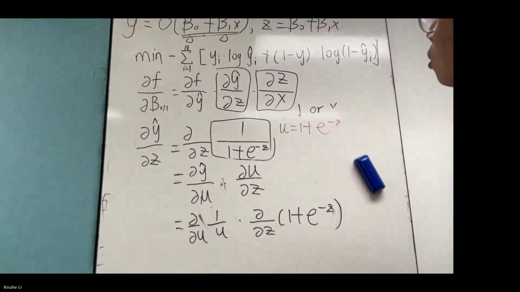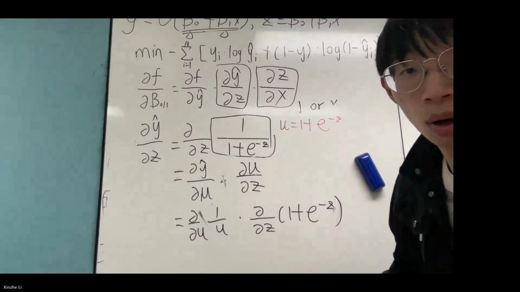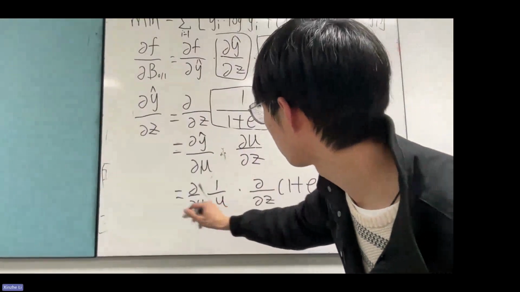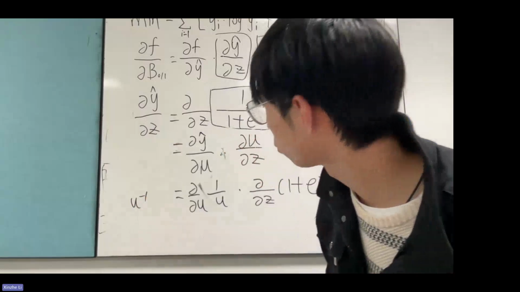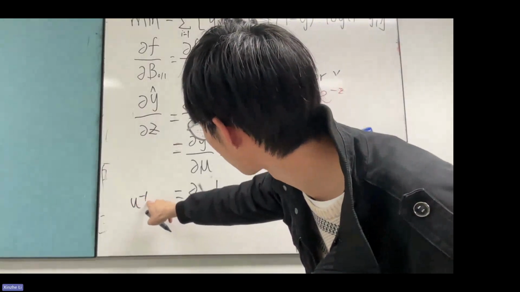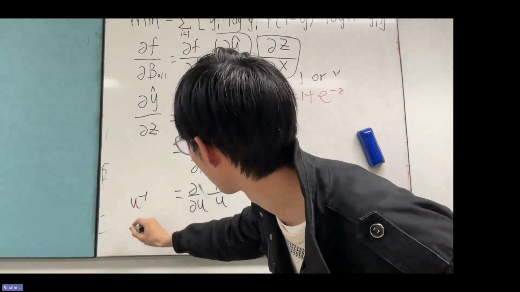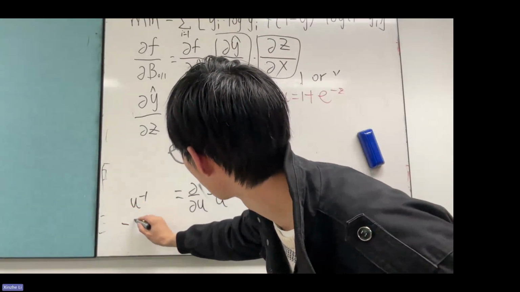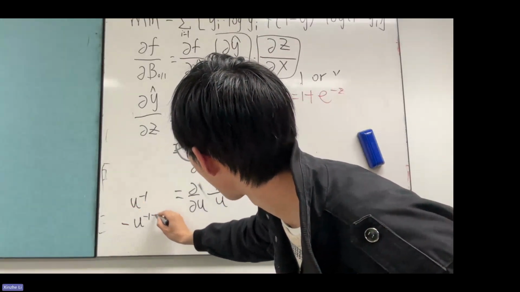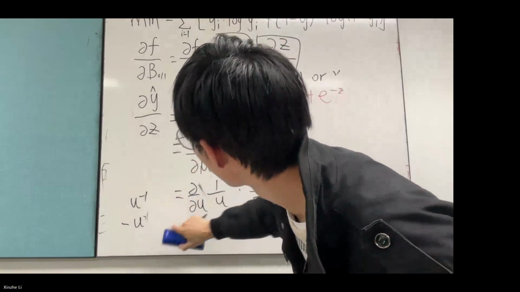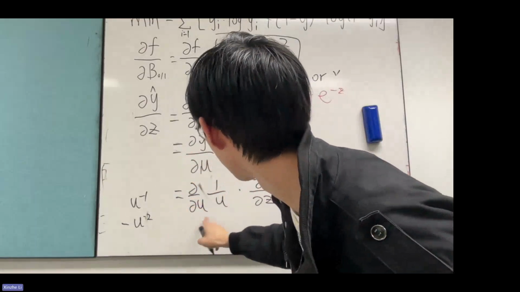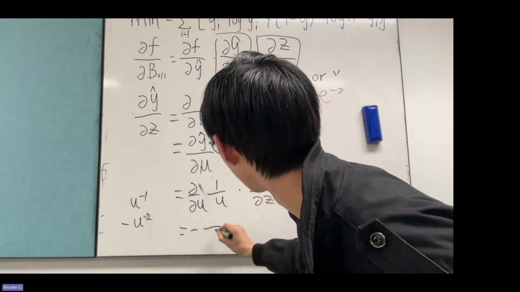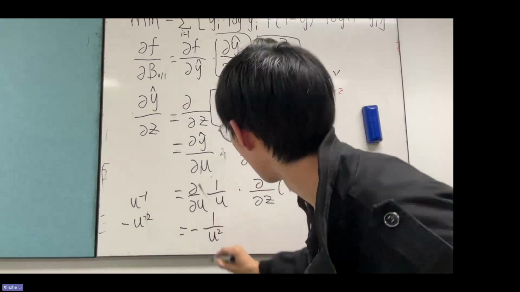Okay, so how to resolve this? This is actually u to the minus 1. So for the derivative, you put minus 1 as a constant, then u to the minus 1 minus 1, so it's u to the minus 2. So the derivative of u to the minus 1 equals minus 1 over u square.